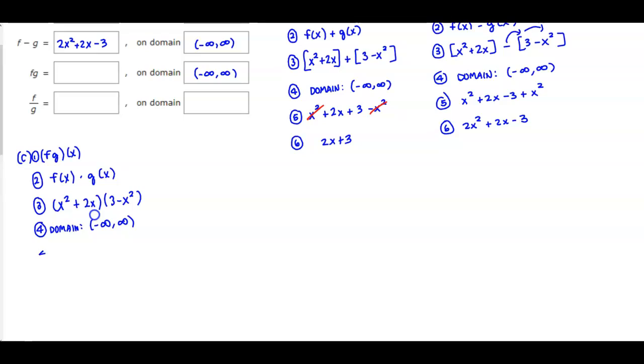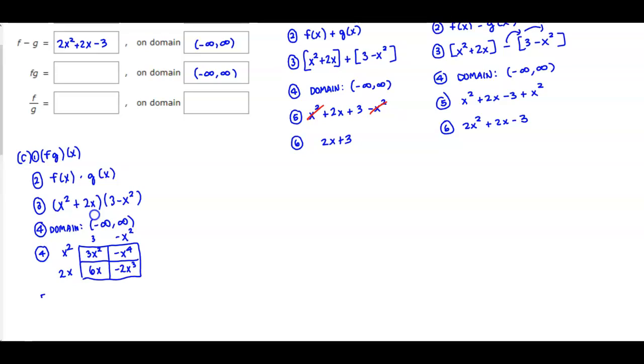Now let's go ahead and multiply. So we have x squared and then 2x, and then we're going to multiply that by 3 minus x squared. So x squared times 3 is 3x squared. x squared times minus x squared is minus x to the 4th. 2x times 3 is 6x. And 2x times minus x squared is negative 2x cubed.